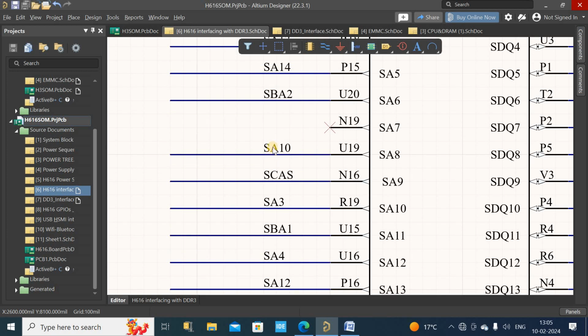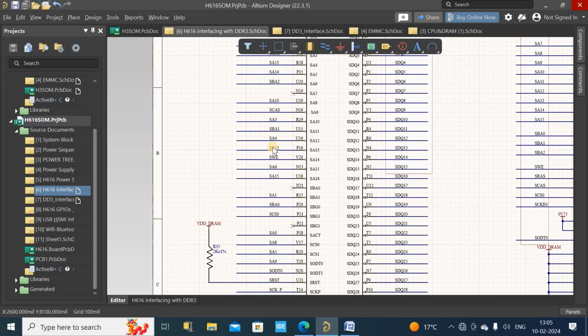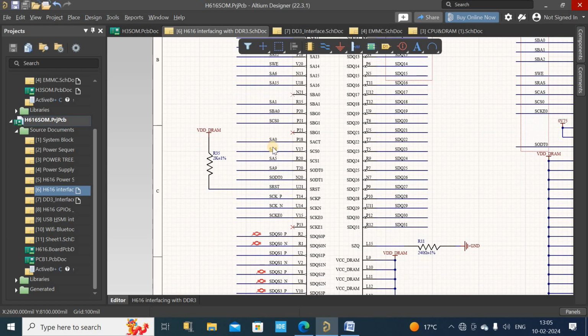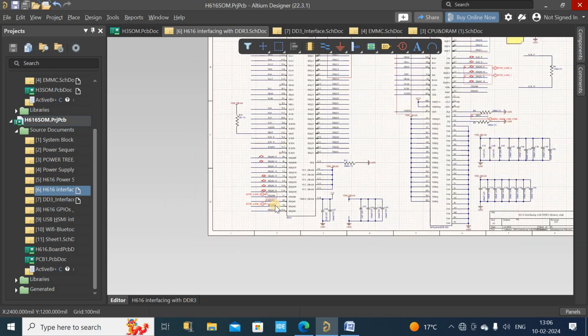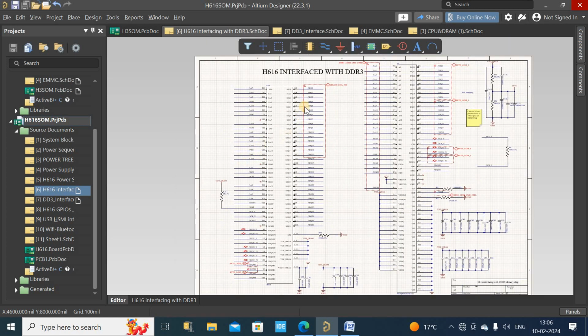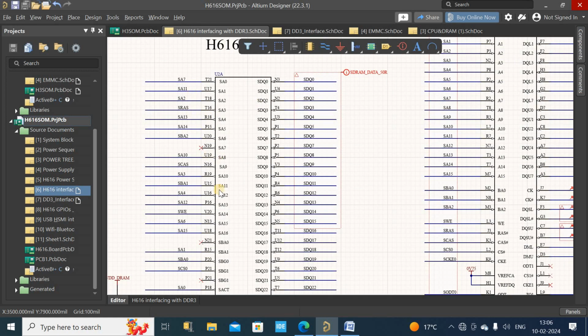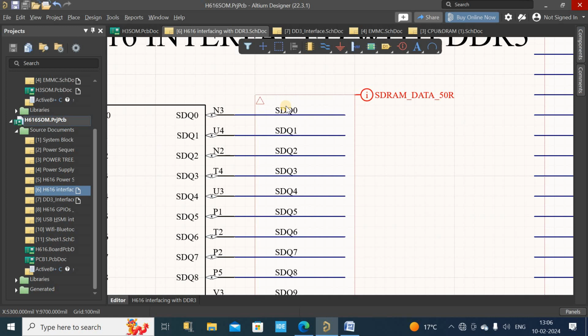All right, let me zoom out. They are interfaced according to the design guideline.